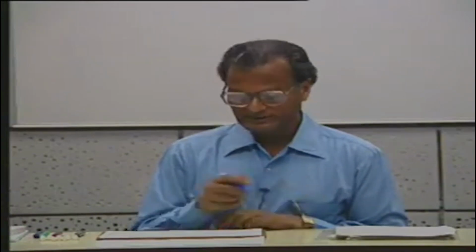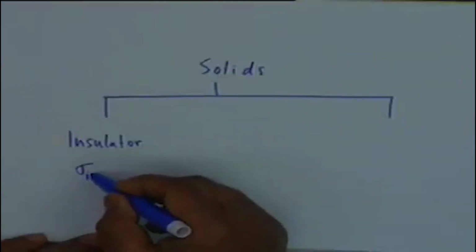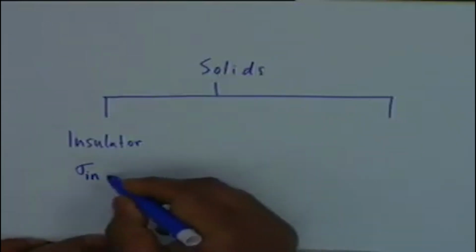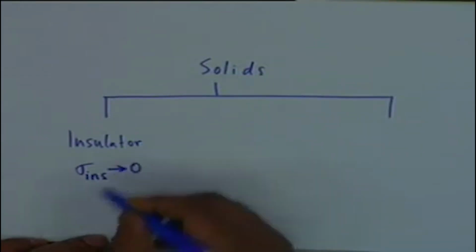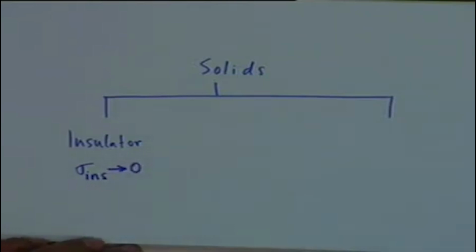For example, the dielectric that you put between two plates of a parallel plate capacitor ideally is required to be an insulator. It is not in practice, but that's a different story. The conductivity of an insulator, sigma ins, tends to 0. It does not conduct electric current. For an ideal one, it is exactly equal to 0.